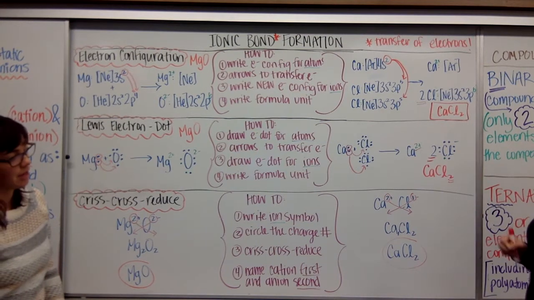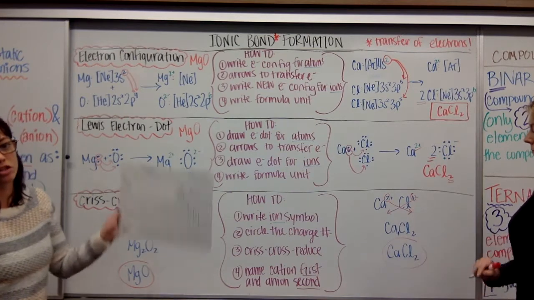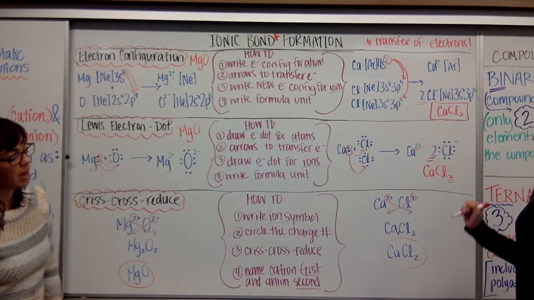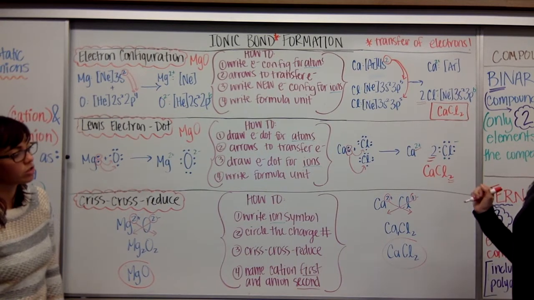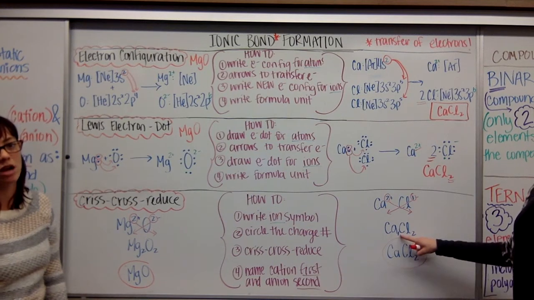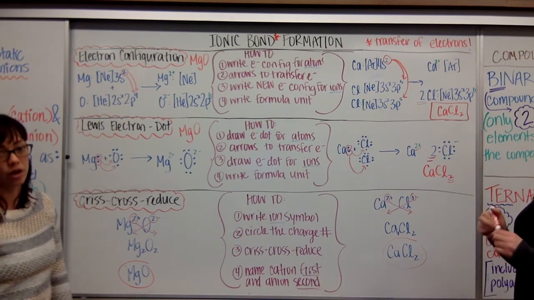Subscript right there. Okay. So again, crisscrossing and reduce, wrote the ions in their original charges based on the periodic table, and then we circled, crisscrossed, and we reduced. We don't need to include that 1 anymore because we just assume if it's not there, it's a 1. So we end up with calcium chloride.